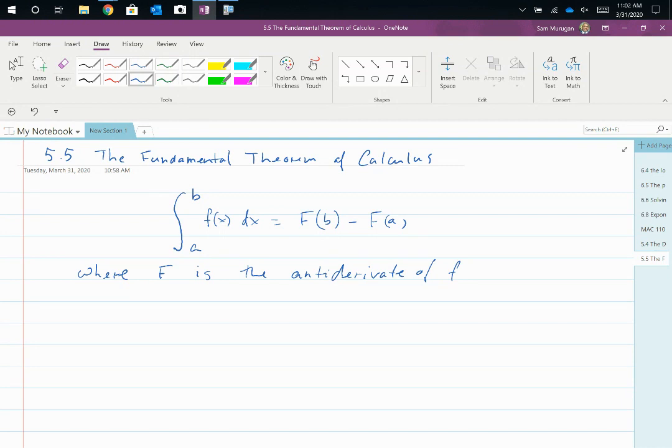And all this is saying in a nutshell is that we're able to numerically compute the integral by integrating and substituting values.